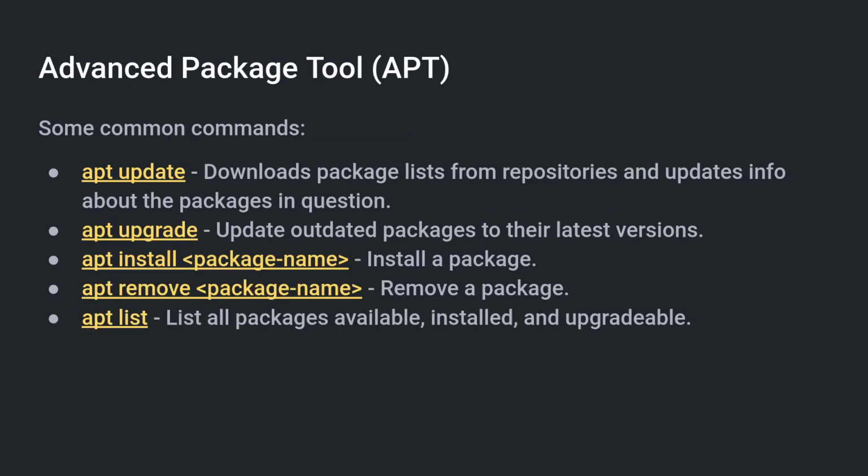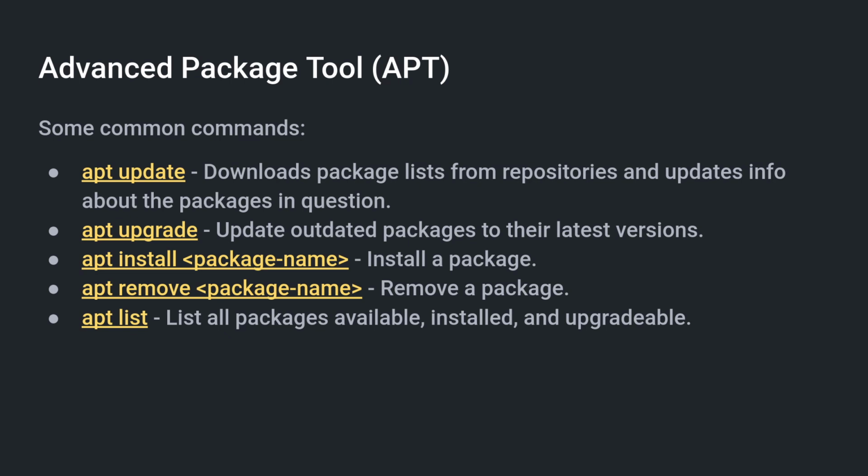So let's talk about APT, Advanced Package Tool. Some common commands for APT are apt update, which downloads package lists from repositories and updates information about the packages in question. That means the new, up-to-date versions, so that if you have an older version of a piece of software, the repository knows that the package is out of date and will ask you if you want to update it.